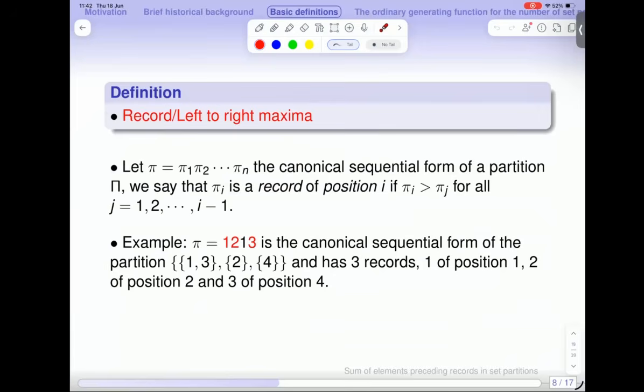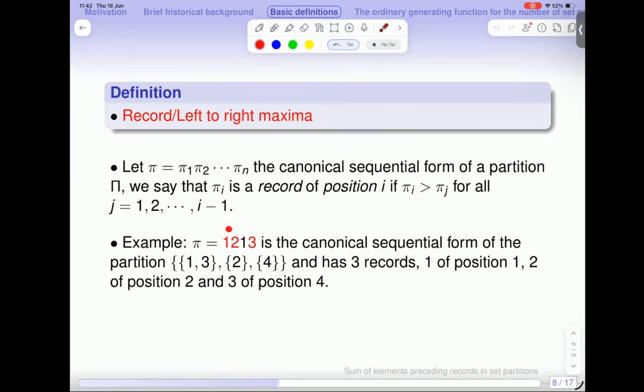Here we have an example. We have the partition of the set [4] with exactly 3 blocks, and the corresponding canonical sequential form is 1, 2, 1, 3. And we can see that all the elements in red are records.